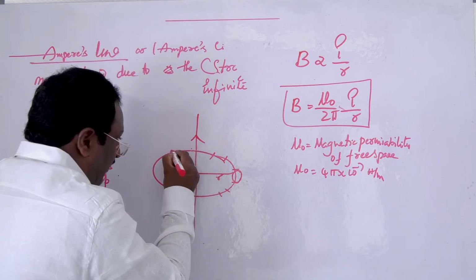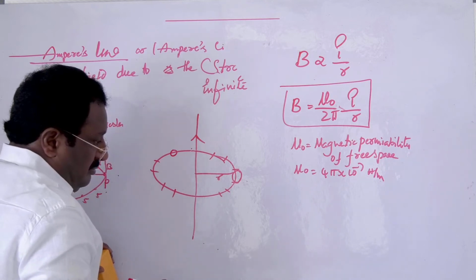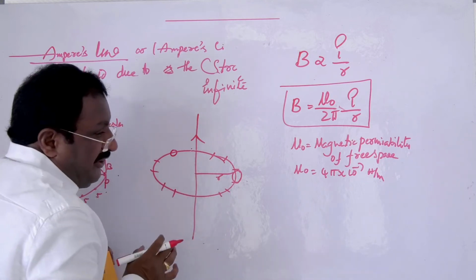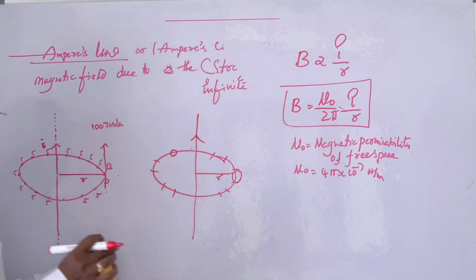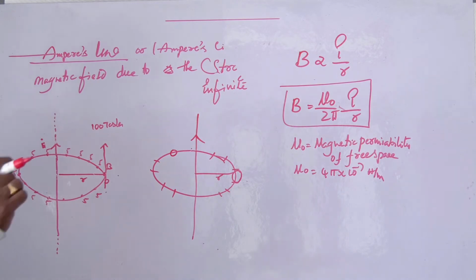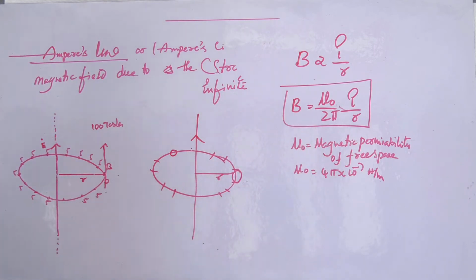So the total magnetic field is a definite value, and the definite value is the line integral. By taking the line integral, we can express the same Ampere's law in another form.